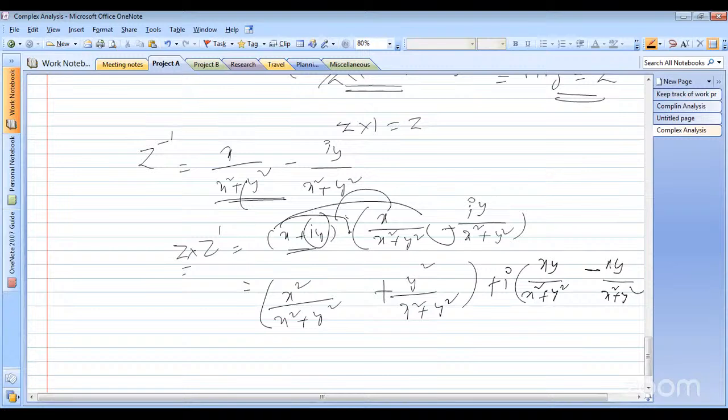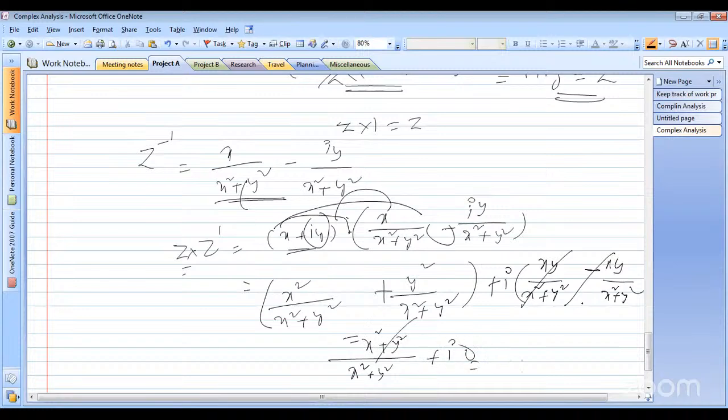So see here what we are doing. The xy terms both cancel, giving 0 into i. So this is x square plus y square by x square plus y square. We are taking the LCM, x square plus y square, in the numerator also, plus i into 0.